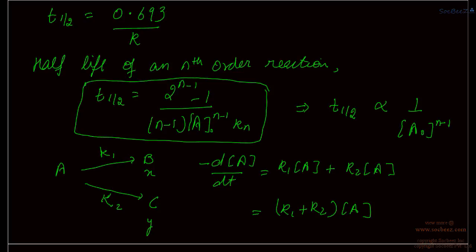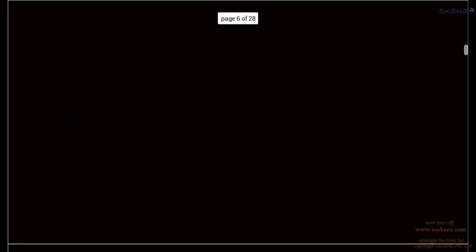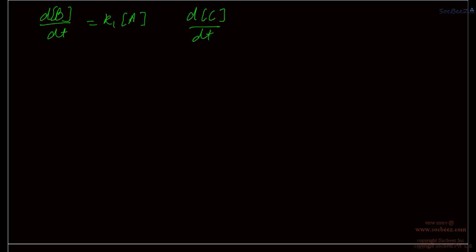Now, we can write it in another form: the rate of appearance of B, dB by dt, equals K1 into concentration of A, and dC by dt equals K2 into concentration of A. If we simplify these equations further, we get X upon Y equals K1 upon K2.